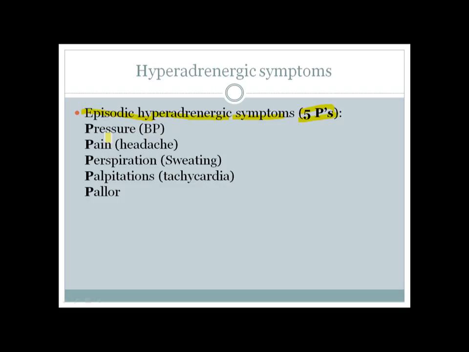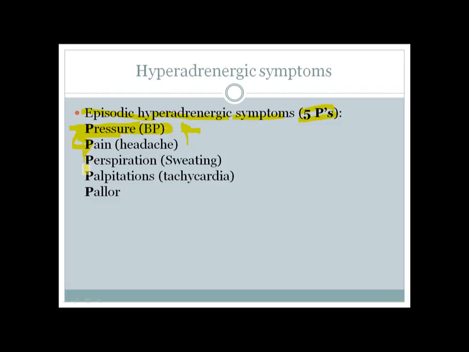One of the most important P's and most common findings in the typical clinical scenario is very high blood pressure. It occurs due to increased secretion of those substances, and this high blood pressure can lead to headache.